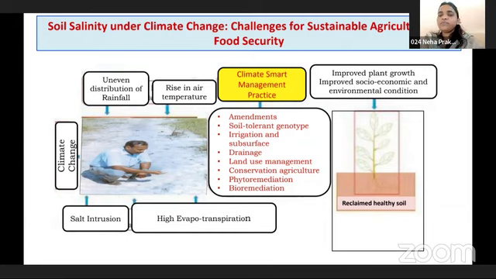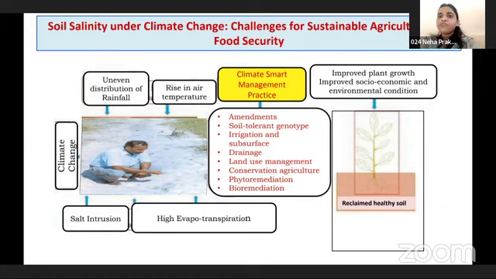So there are many climate smart management practices, such as amendments. We can use gypsum as an amendment for the remediation of that area. Salt tolerant genotypes we can use. Many salt tolerant varieties are available that we can grow.